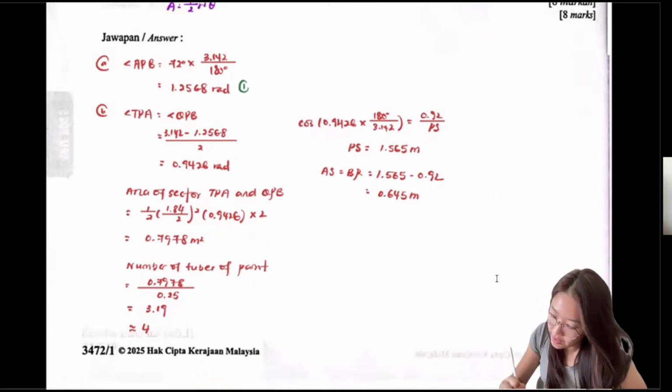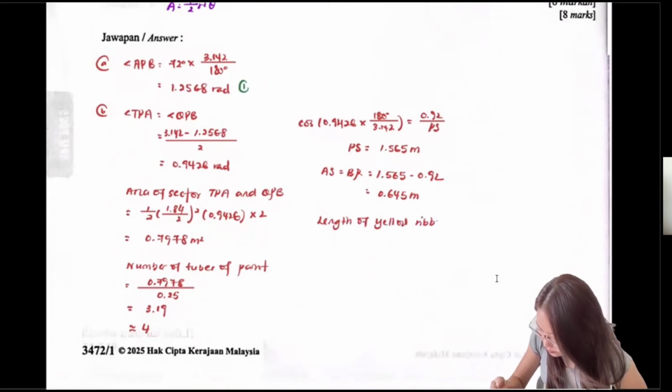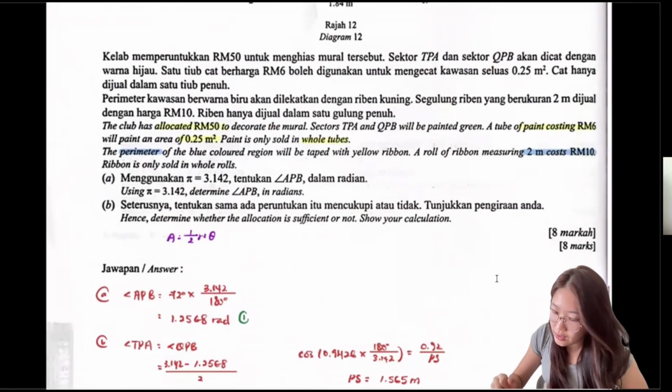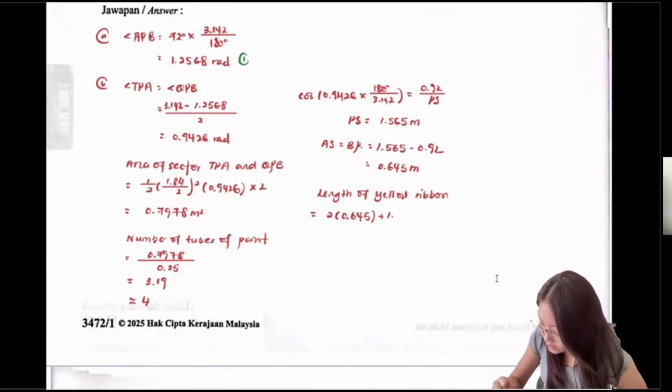And then length of yellow ribbon needed. We need 2 times 0.645. And then the bottom here, 1.84, we already have it. So just add it here.